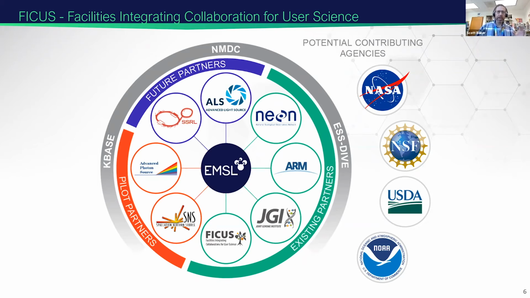So there's this opportunity to combine the power of multiple user facilities for a single research team for a single research problem. And so that really amplifies the impact that user facilities can have on user science.